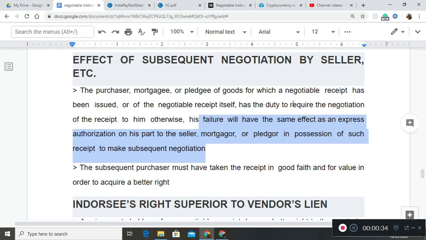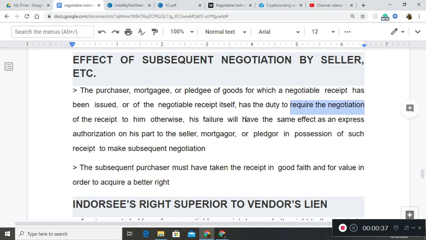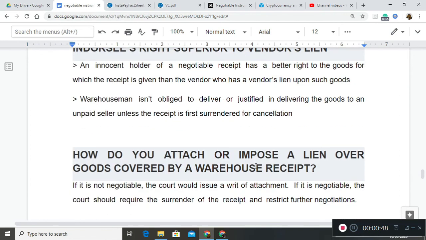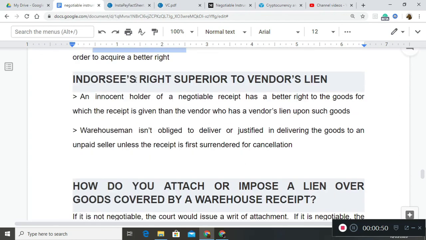So it's very important to require the negotiation of the receipt to him. The subsequent purchaser must have taken the receipt in good faith and for value in order to acquire a better right. So the endorsee's right is superior to a vendor's lien.